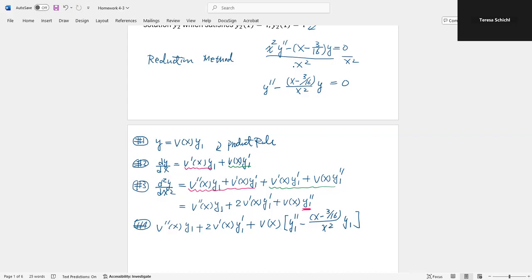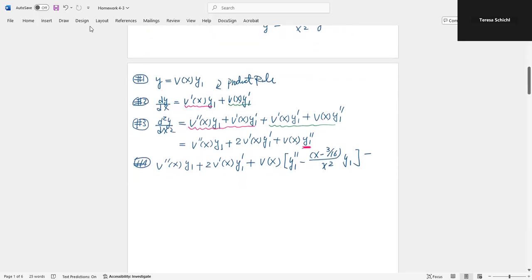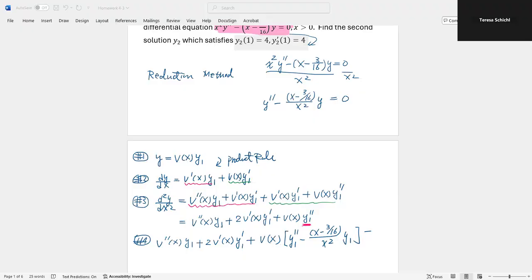So d/dx, and this one here is equal to, so we set d squared y1, right? So now let's take a look at this one here. This one is going to be equal to 0.